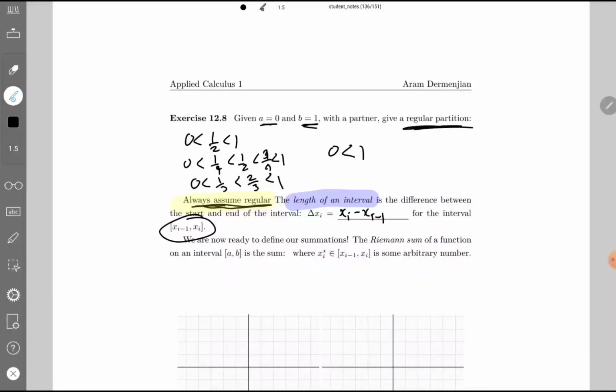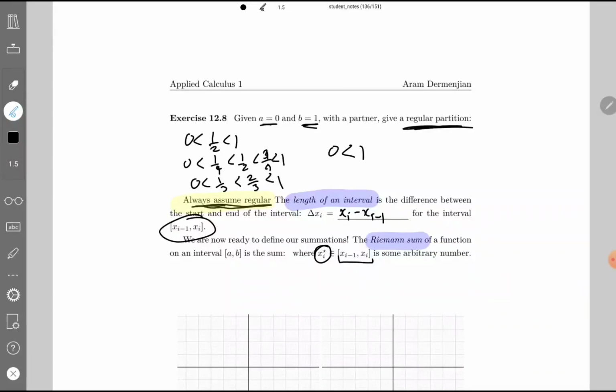Now we're ready to define our summations for our little areas. Basically, we're going to define what's called the Riemann sum. The Riemann sum says that if I have an interval AB, we look at the regular interval xi minus 1 to xi, and we take some arbitrary number xi star inside of this interval.